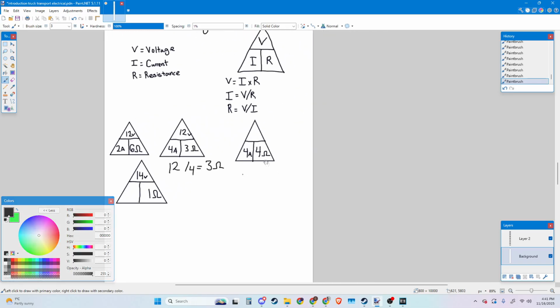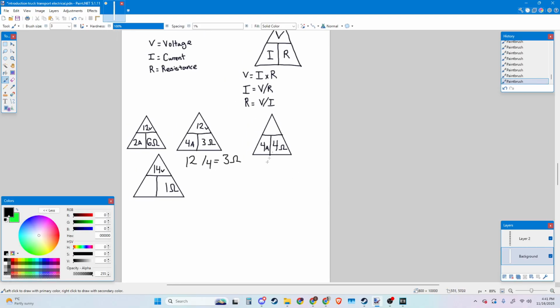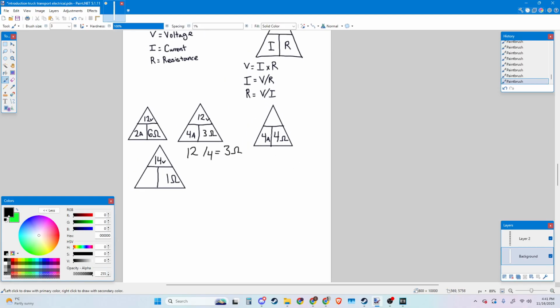Let's look at this one. So we have an amperage of 4, and we have 4 ohms of resistance. And we're solving for voltage. Because it's on the top of the triangle, we'll have to multiply the bottom two. We'd go 4 multiplied by 4, which would give us 16 volts.